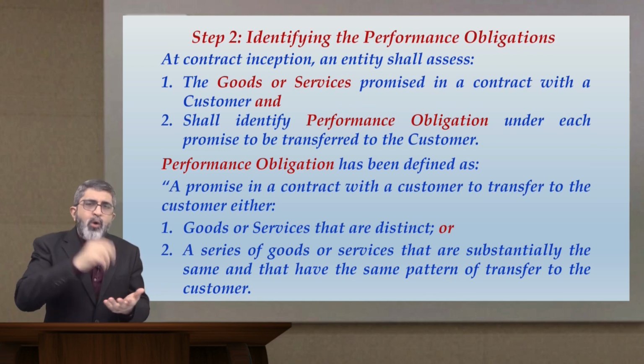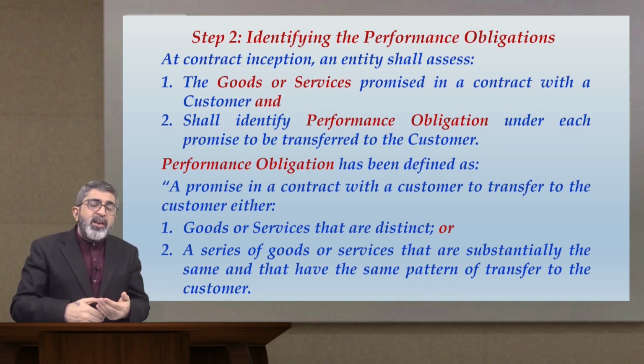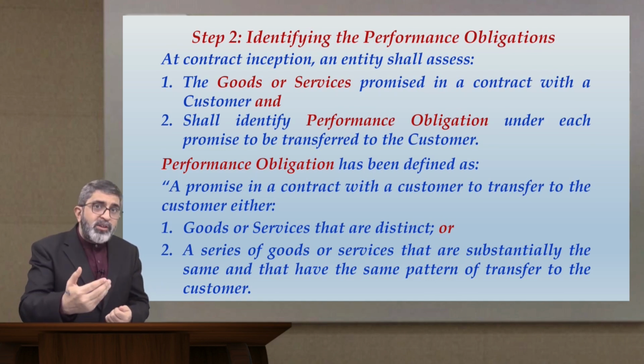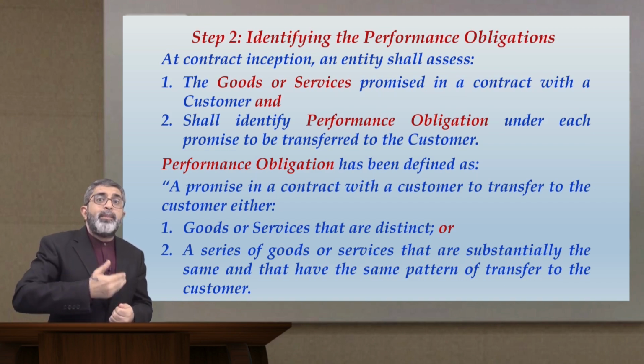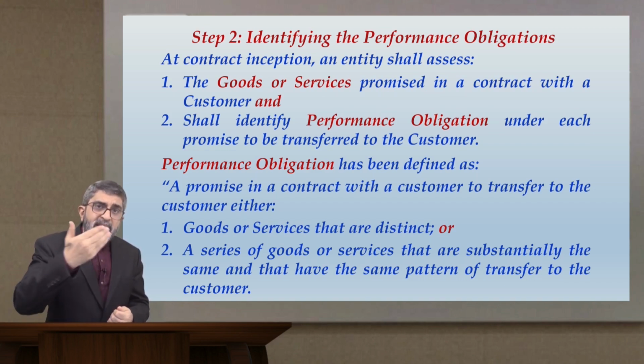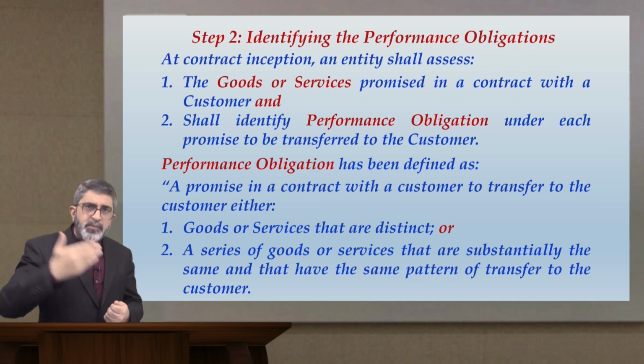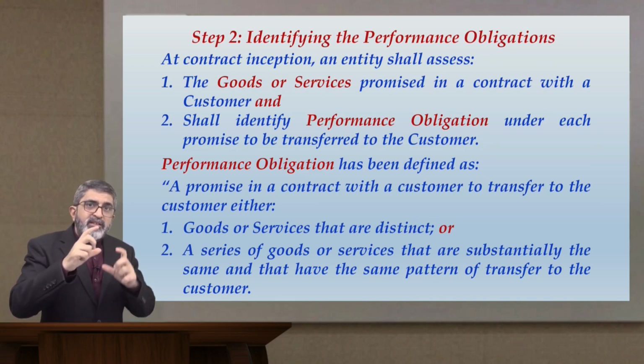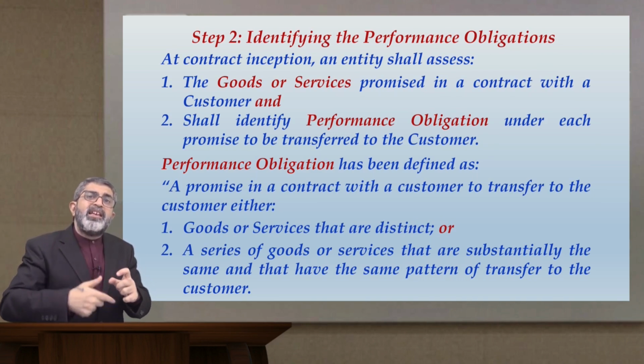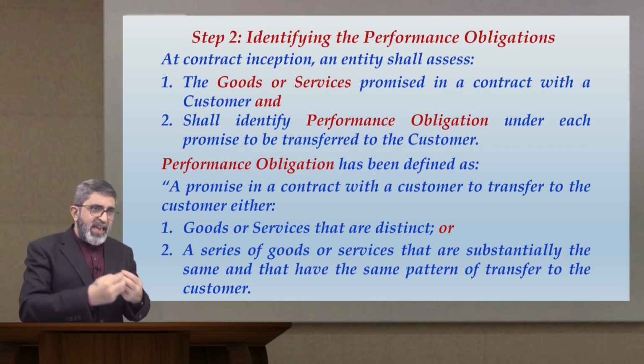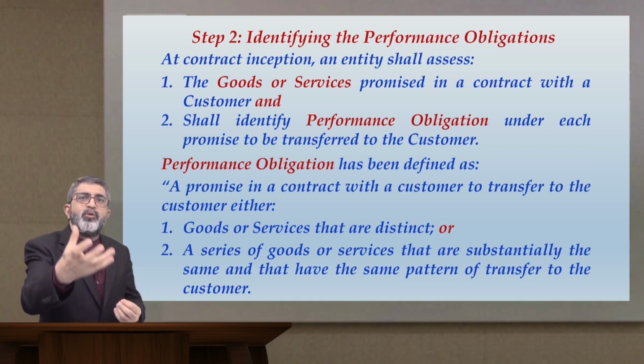Correct? However, suppose you enter into a contract with a supplier for supply of goods on a regular basis for a long term. In that case, the supplier is going to follow a series of commitments. Maybe every month the supplier is committed to supply something.